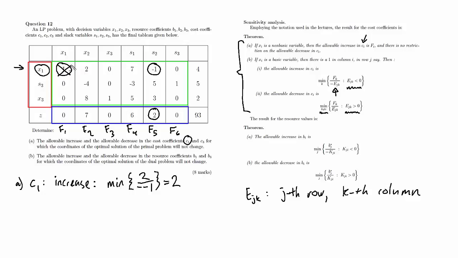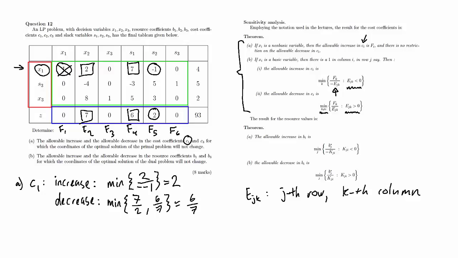Now, we have two values which are greater than 0, this one and this one, and the corresponding values for F are taken from here. So, the allowable decrease is the minimum of 7 on 2 and 6 on 7, which is 6 on 7.